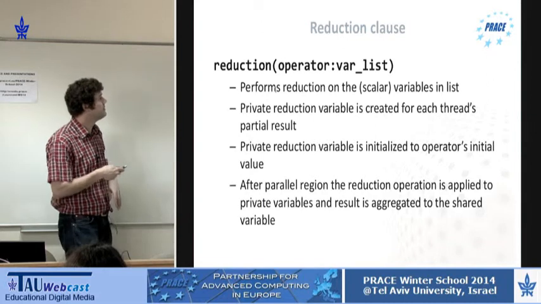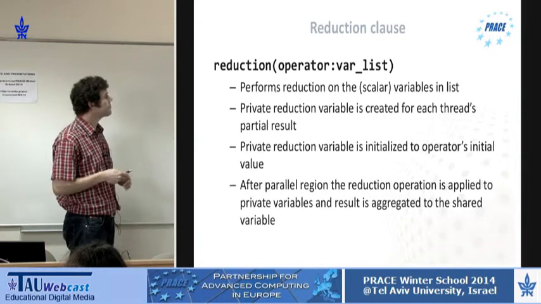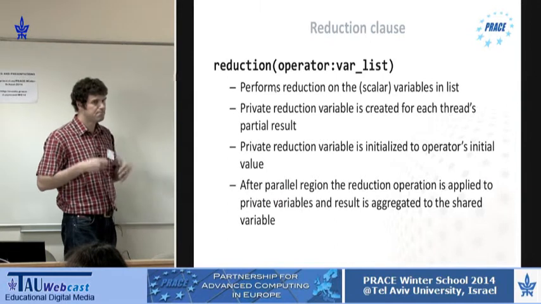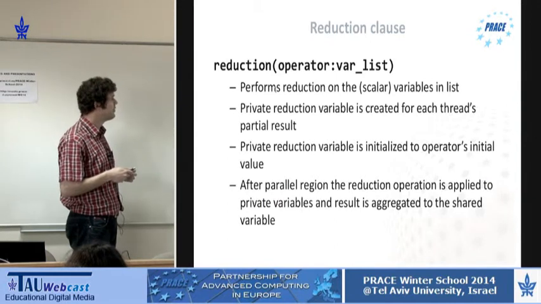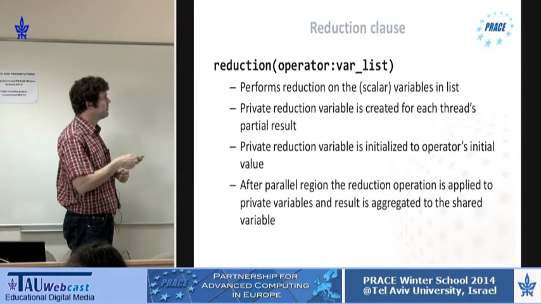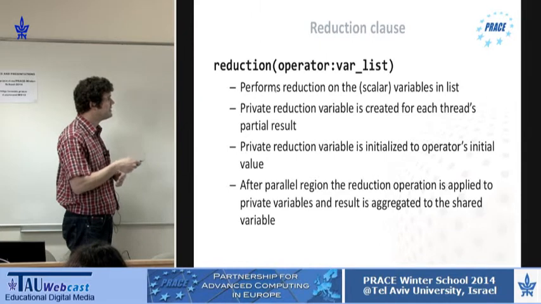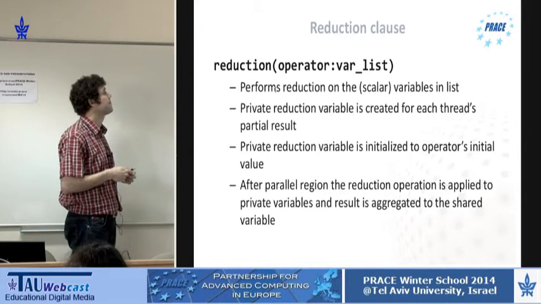What now happens is that when we enter this parallel construct, a private variable is created behind the scenes for each thread. It will be initialized to an initial value depending on the operator; for addition, that would be 0.